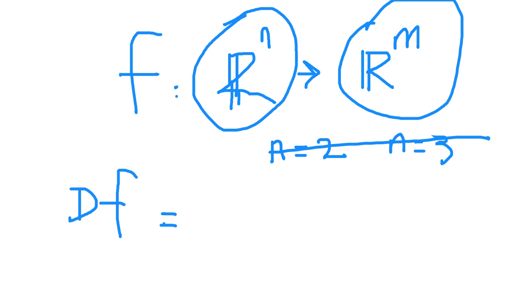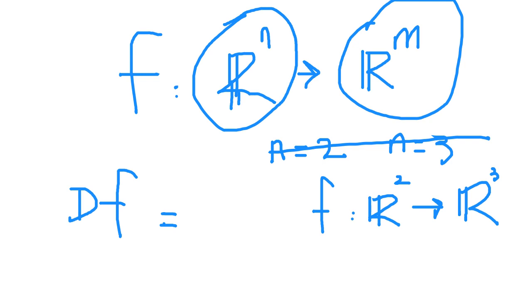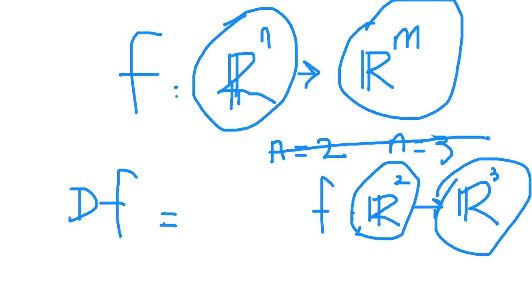When we see F goes from R2 to R3, what kind of picture is in your head? What is R2? What is R3? The points and the vectors.